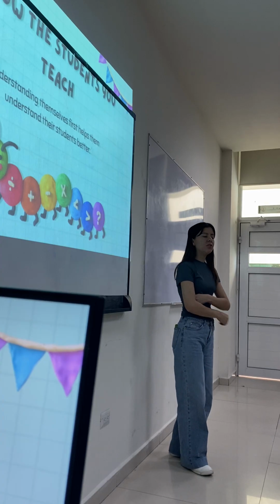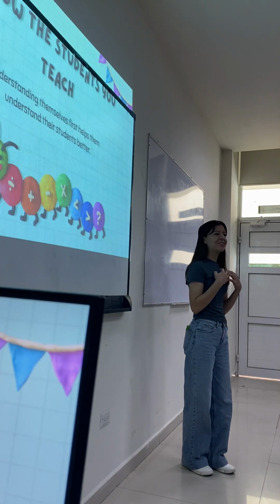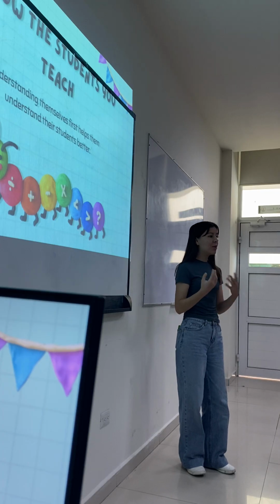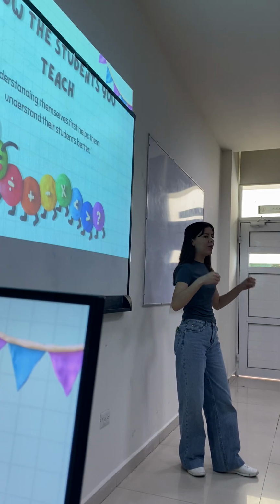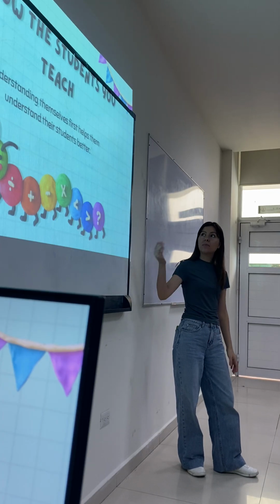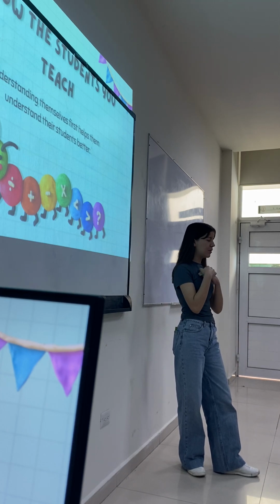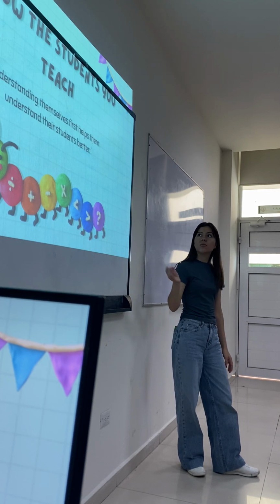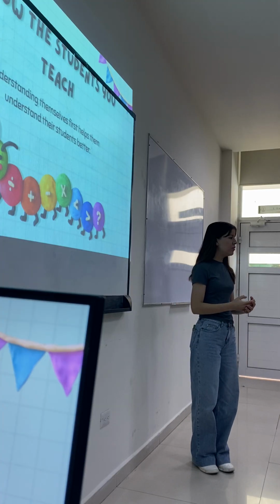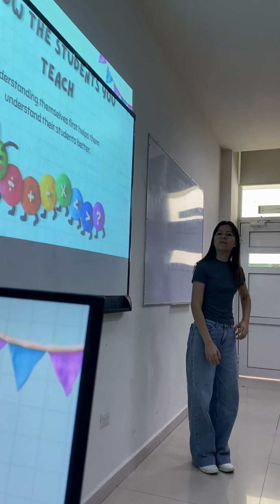So for example, you need to understand me because I am a shy person and probably you are more, you like to speak a lot, I don't know. So it can be an example because you need to respect me, and I need to respect you. So this is like now the students and now the teacher.